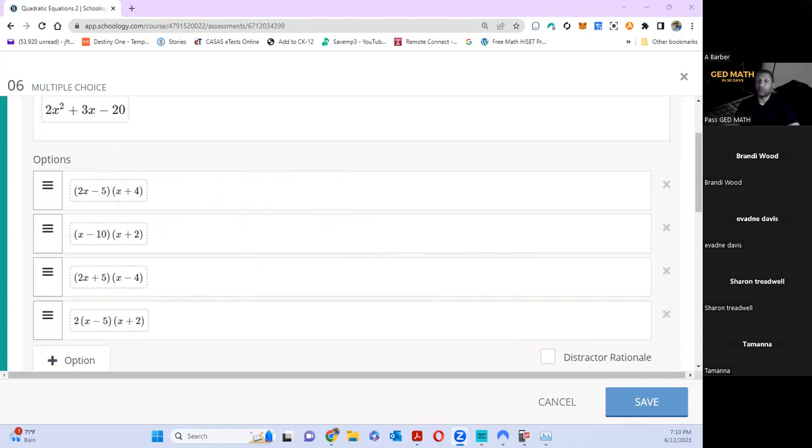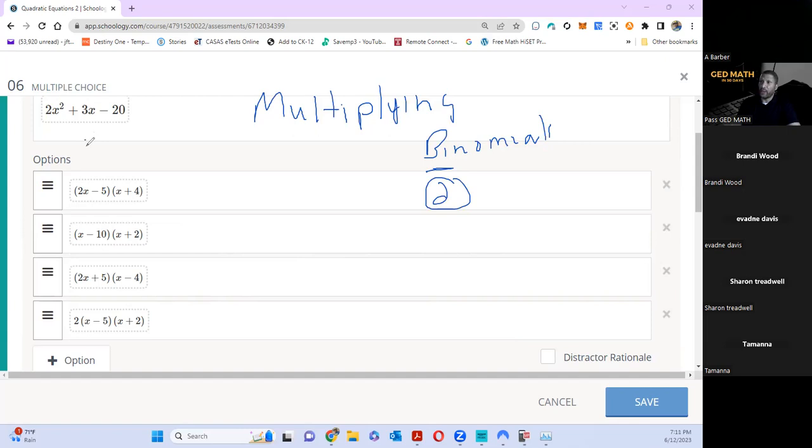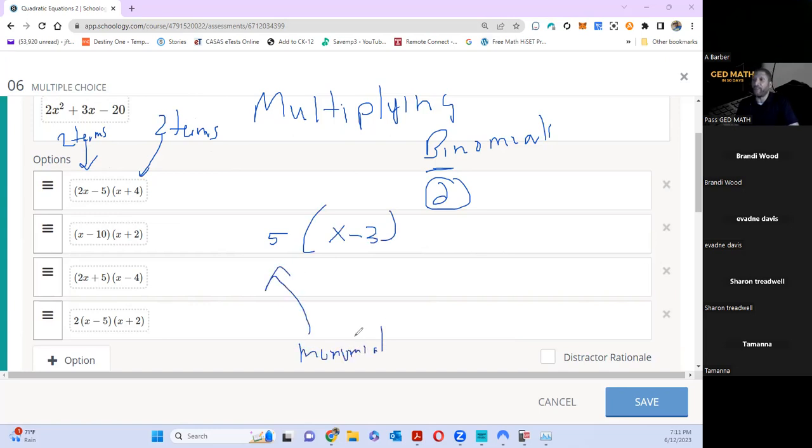This is called multiplying binomials. Okay. Binomial. So what does bi mean? Bi means 2. So here you got 2 terms in this parentheses. So for example, if you have 5 times x minus 3, this is a monomial, because mono means 1.